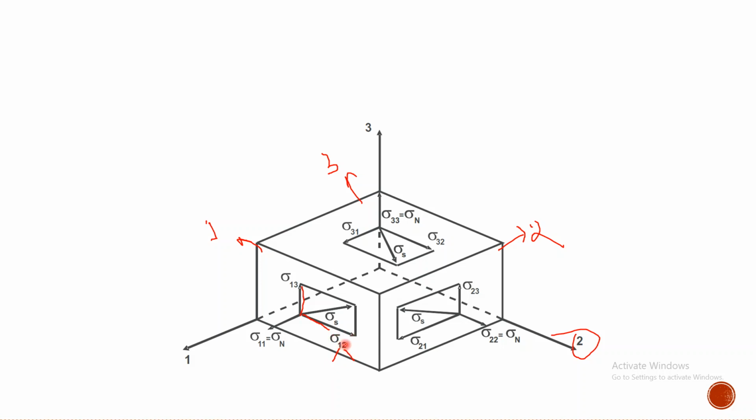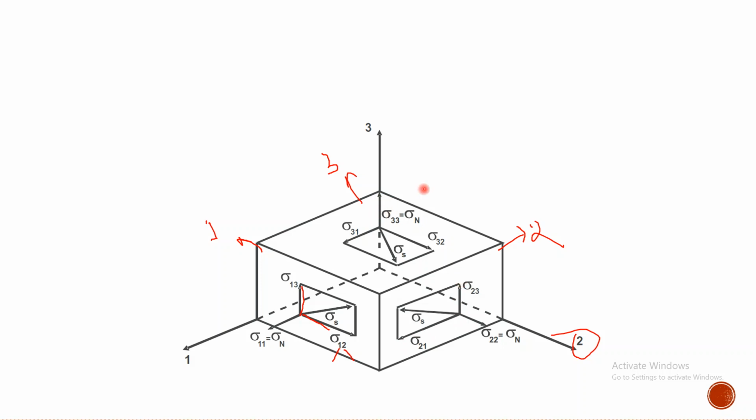So here it becomes sigma 12, and here it becomes sigma 13. Sigma 13 is the shear stress developed in plane 1 in the direction of 3, and sigma 12 is the shear stress developed in plane 1 in the direction of 2. Likewise, if I take the second plane, here we have three stresses: sigma 22, the normal stress, and shear stresses in the direction of 1 and in the direction of 3.